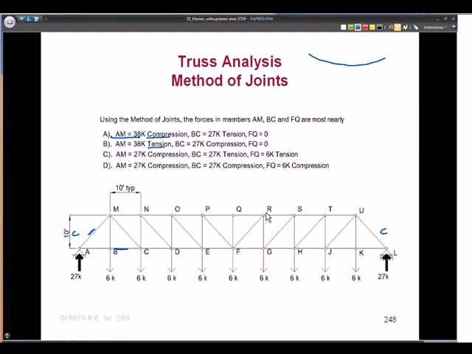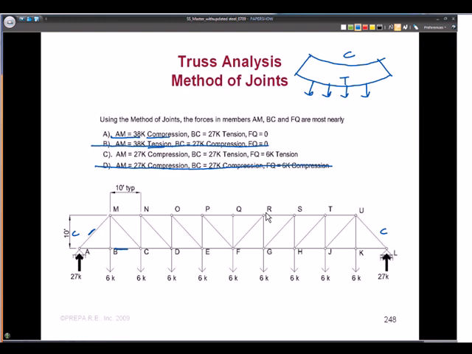If we do not have a cantilever member and all the loads are down, whether they're on the top or the bottom, the bottom's in tension and the top's in compression. So BC, I'm pretty confident, is going to be a tension member. So answer B cannot be correct with that assumption because it has BC in compression, and the same with answer D.